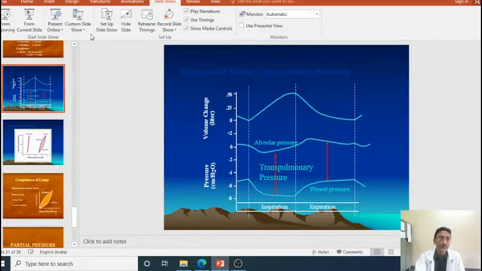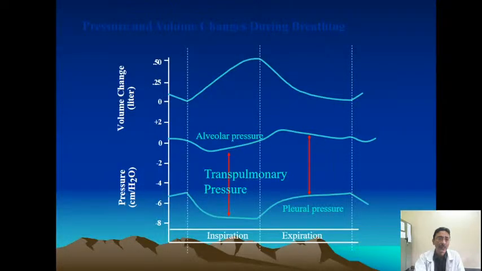Now, coming on to this slide, it will somehow be like this. This is the graph showing the pressure and volume changes happening during each respiratory cycle with respect to the changes in the volume in the lung.